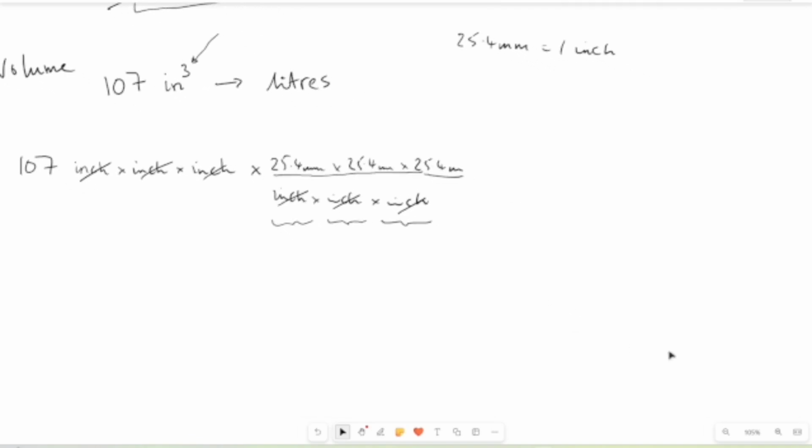And now what I remember about a litre, if you think about a litre, how much is a litre if you drank a litre of water? Is it something about the size of a house, or the size of a car, or the size of a book, or a mobile phone? Well, I always remember a litre of water is 10 centimetres by 10 centimetres by 10 centimetres, and that is 1 litre.